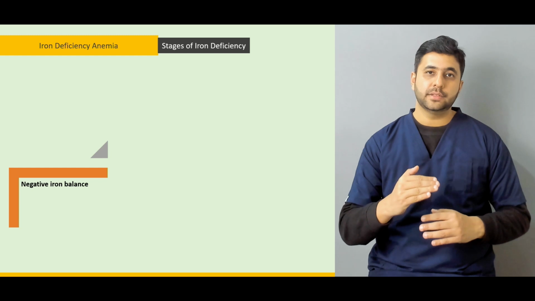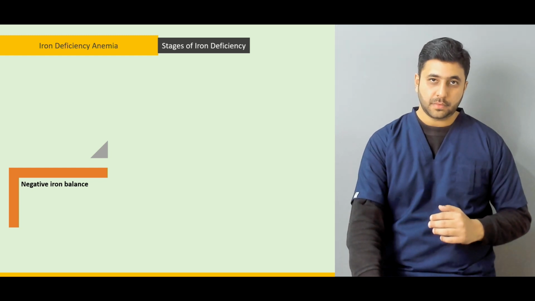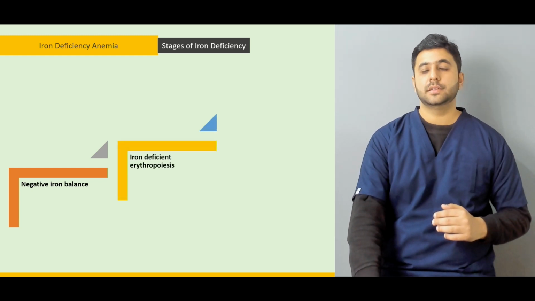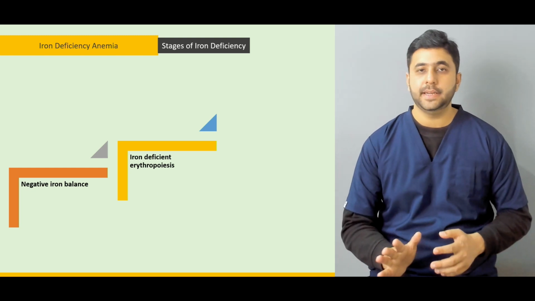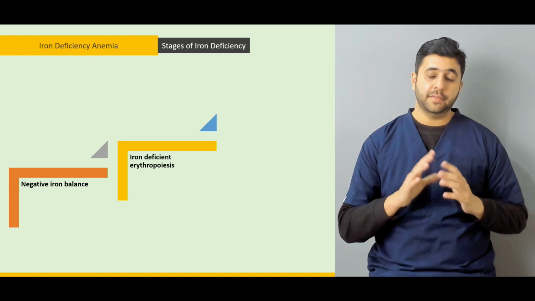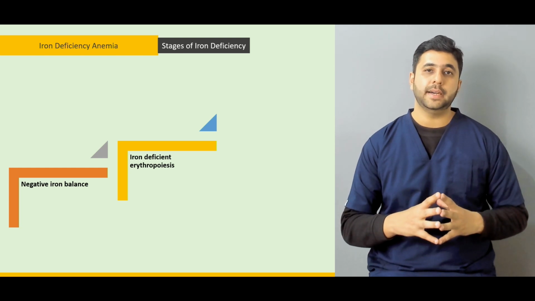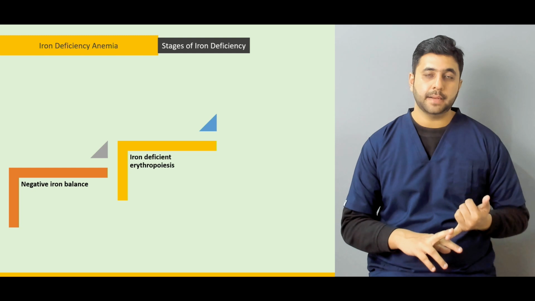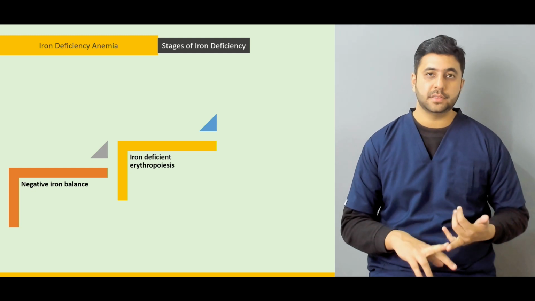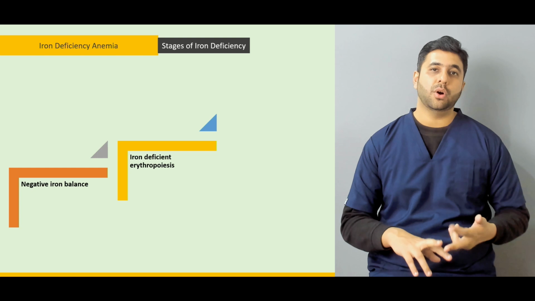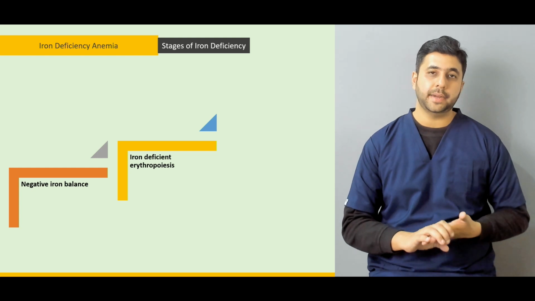But this slowly leads to the depletion of the iron stores. And when the iron stores start depleting in the negative iron balance, the total iron binding capacity, the transferrin saturation, the serum iron, all these indices are generally kept in check.